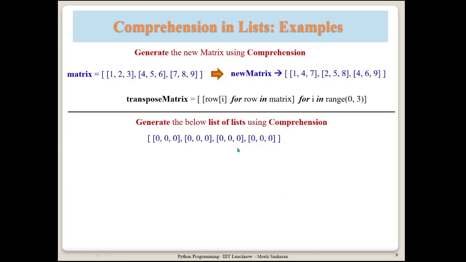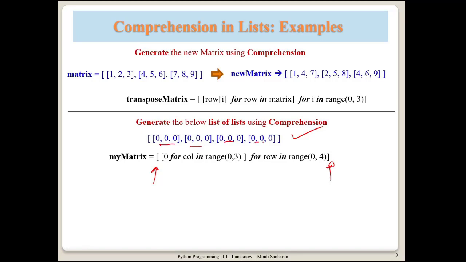And then I want to create this list. I'm sure you can quickly come up with this, but anyway, I will show you. Suppose I want to create a list like this. I want a list with 4 elements, so I keep that generator here.